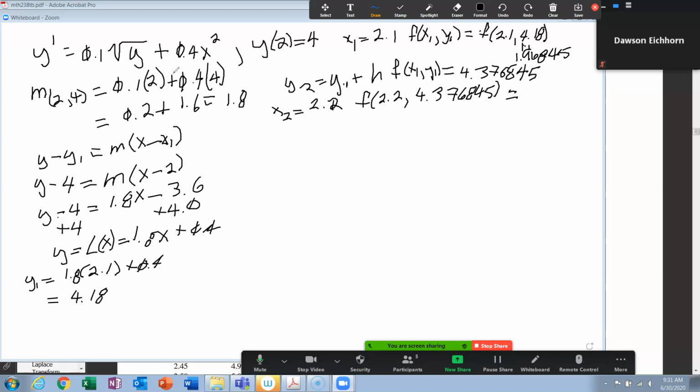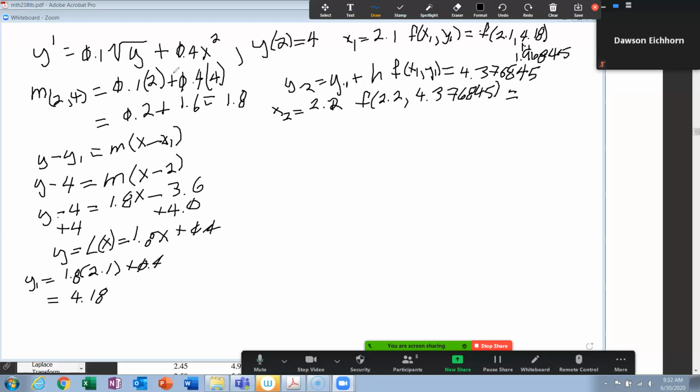So I'm going to take this 4.3768, leaving all the digits on there for now, and take the square root of it, and multiply that by 0.1 and add to that 0.4 times my new x2, which is 2.2 squared, and hit an equal sign.